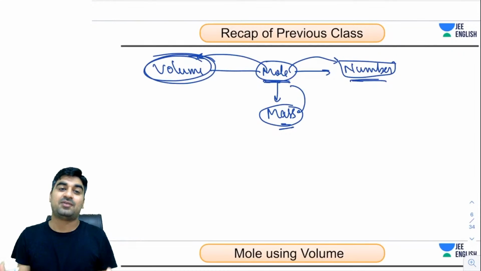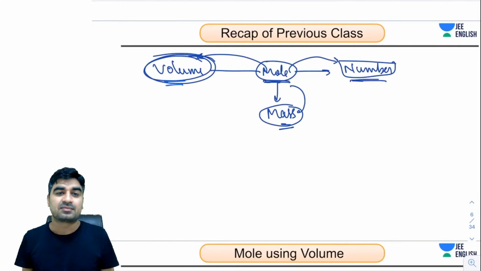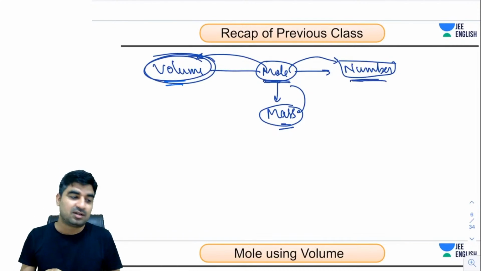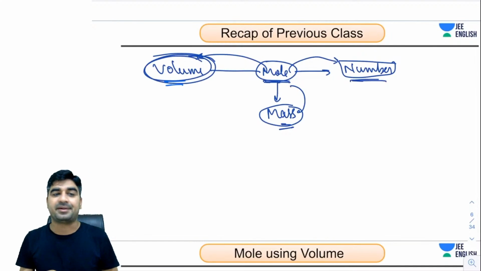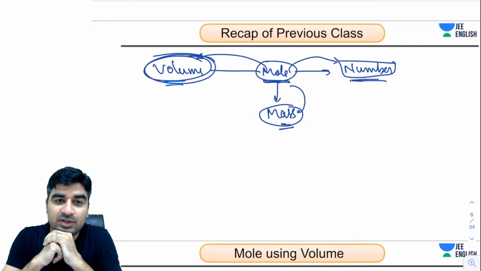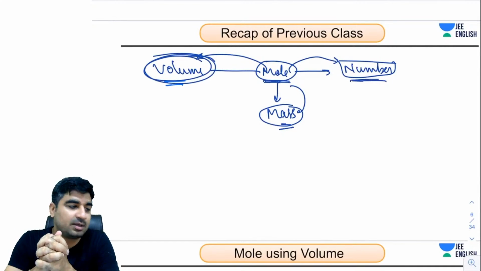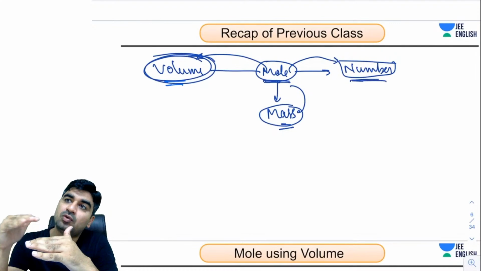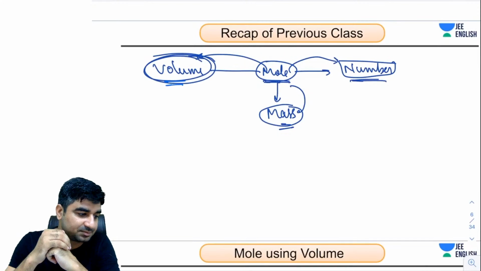If we complete calculation of mole by volume today, then I hope you guys are never going to get stuck in mole calculation problems. I'll try my best. I told you even in the previous class that I will start at zero level and we will move up to advanced level.